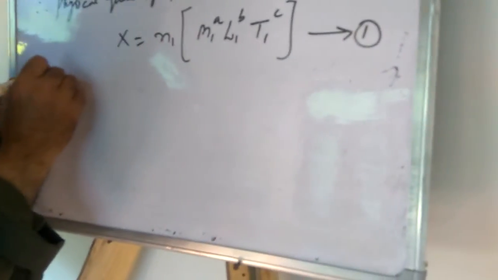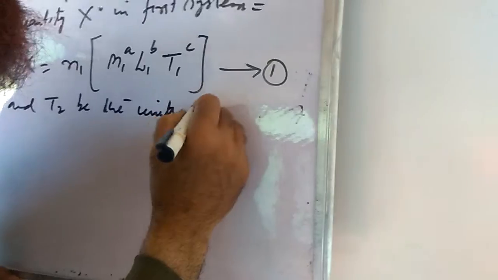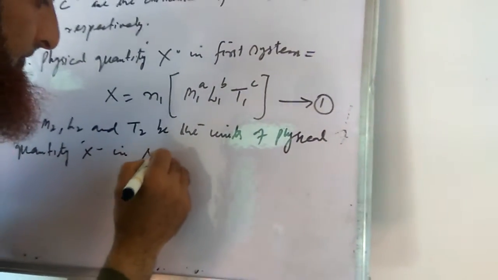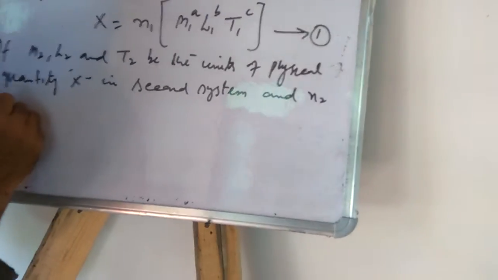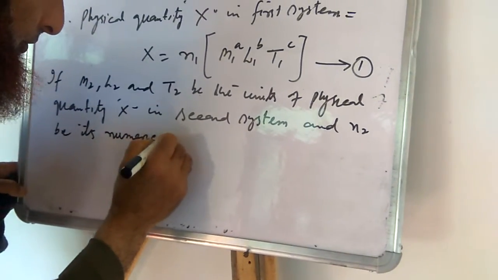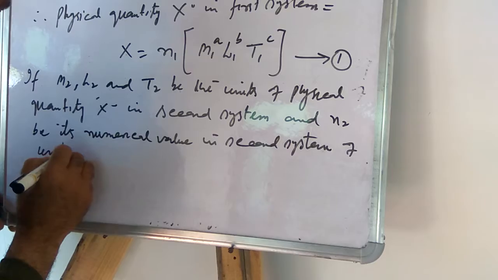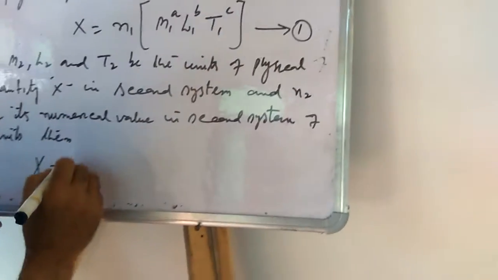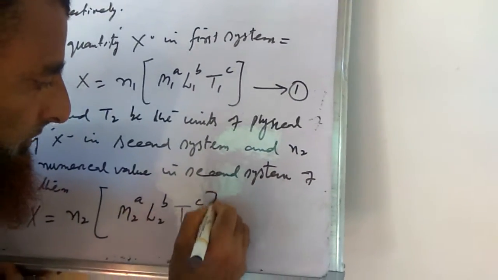Now if M2, L2 and T2 are the units of physical quantity x in the second system, and n2 is its numerical value in the second system of units, then this physical quantity x can be written in the second system as n2 M2^a L2^b T2^c.